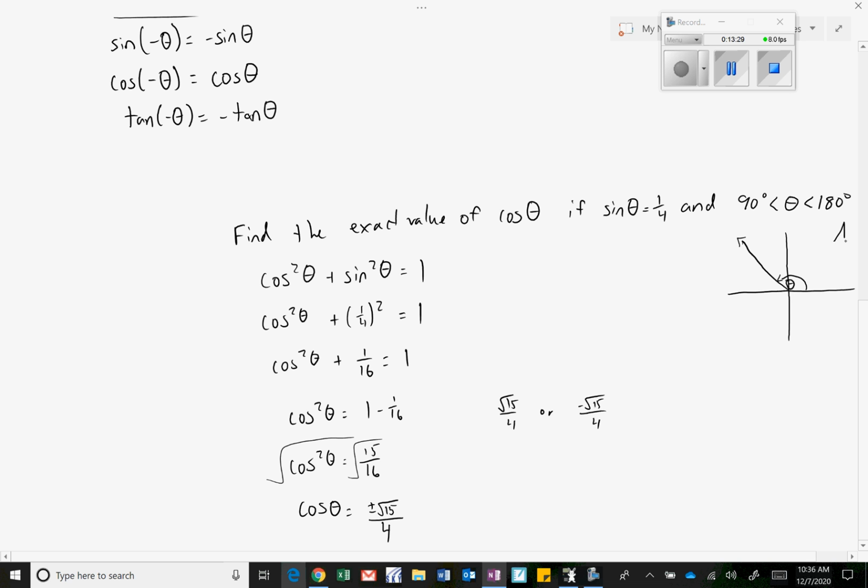And if you remember, all students take calculus. If theta is in the second quadrant, then the only trig functions that are positive over here are sine, right? Sine's positive, and of course its reciprocal, cosecant. But cosine is negative in this quadrant. So that means my answer here, when I have to determine if it's the positive value or the negative value, we're in the second quadrant and cosine is negative there. So that means cosine of theta is going to be negative root 15 over 4.